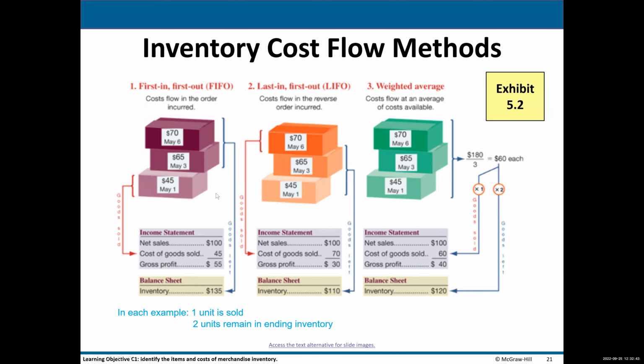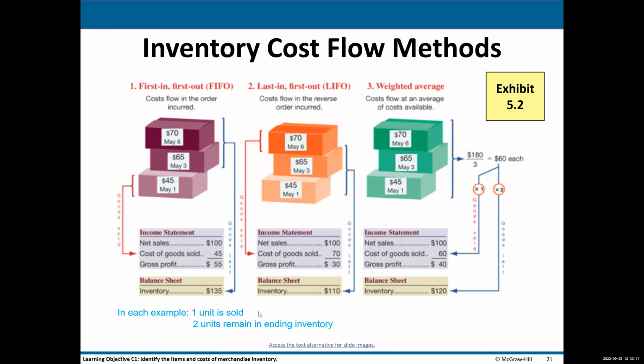So we have 3 items, right? We purchased this one item on May 1 for 45. We purchased the next one on May 3rd at 65. And we purchased this one on May 6th at 70. Now for each one of these examples, 1 unit was sold and 2 units remain in ending inventory.